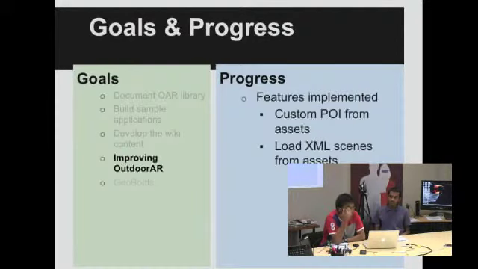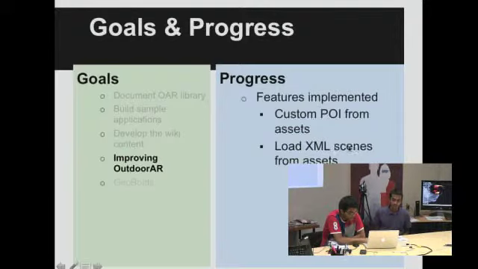Suppose parks and grounds will have a specific kind of POI icon. Colleges will have a specific kind of icon. So giving a generalized icon structure to all the scenes, and that being loaded from the assets, that was a feature. And then the XML scenes can also be loaded from the assets.